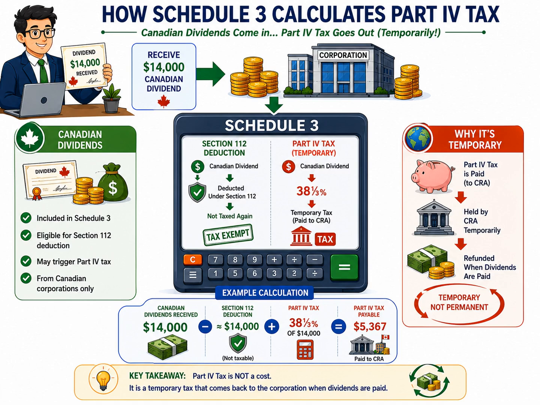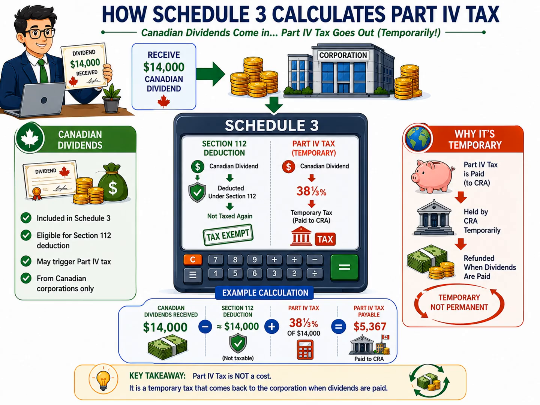To prevent the same corporate profits from being taxed multiple times, the Income Tax Act provides the Section 112 deduction. In many situations, this deduction allows the receiving corporation to deduct the full amount of eligible Canadian dividends from its taxable income. In other words, the dividend is generally not taxed again as regular corporate income.